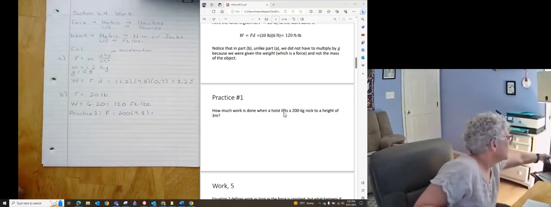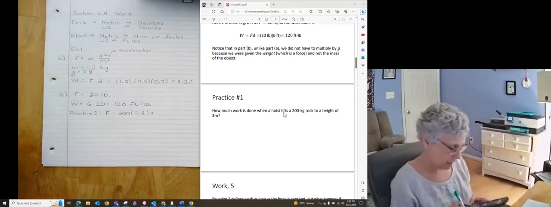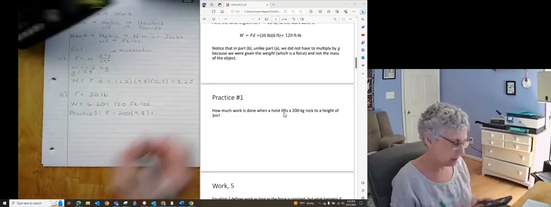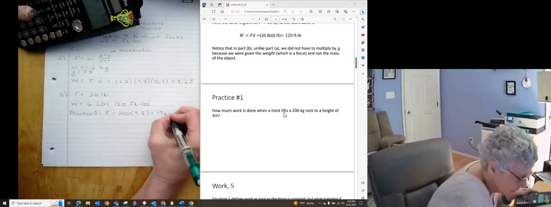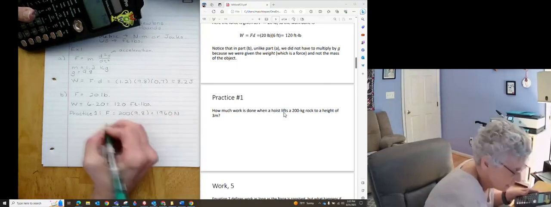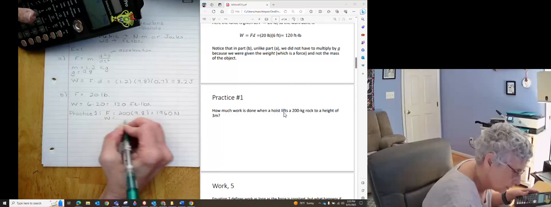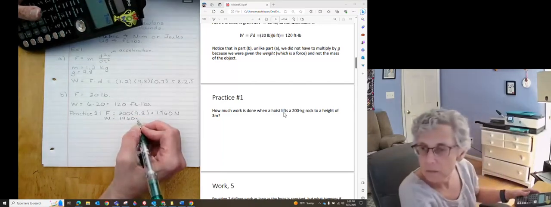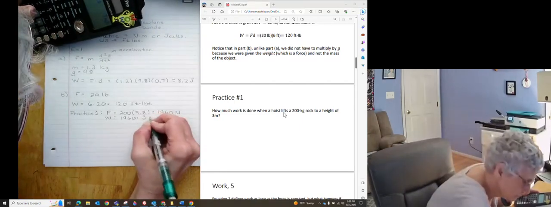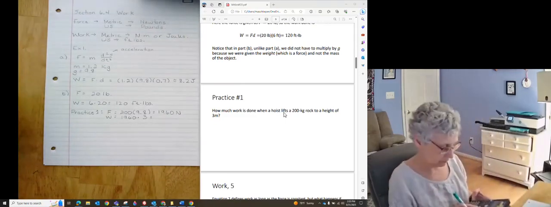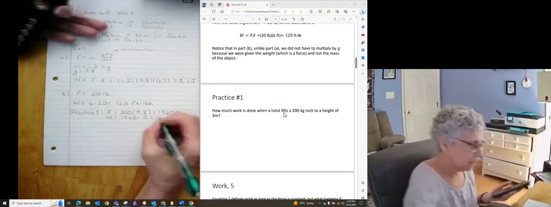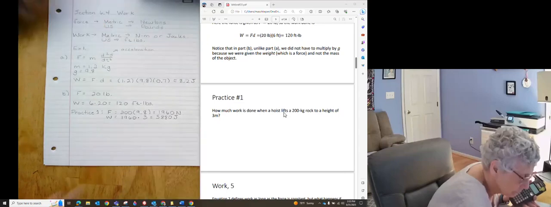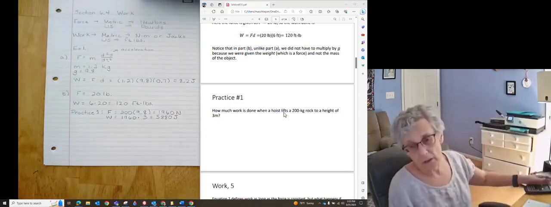So let me grab my calculator. I have 200 times 9.8, 1960 newtons, and then for work, we take the 1960 newtons times 3 meters. And I get 5880 Newton meters, or joules.